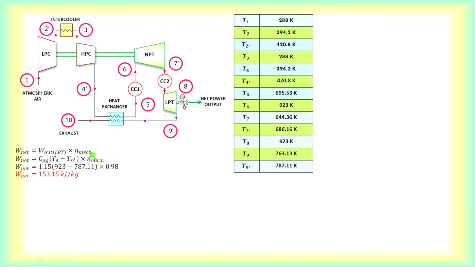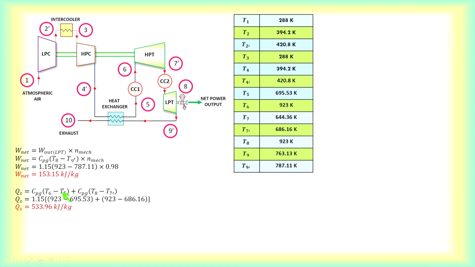So Cpg T8 minus T9 prime, the low pressure turbine is your power turbine. Then multiply by mechanical efficiency because you can see there's a shaft here. So multiply by mechanical efficiency, 98%, which is 0.98. So first thing you get is your network output.